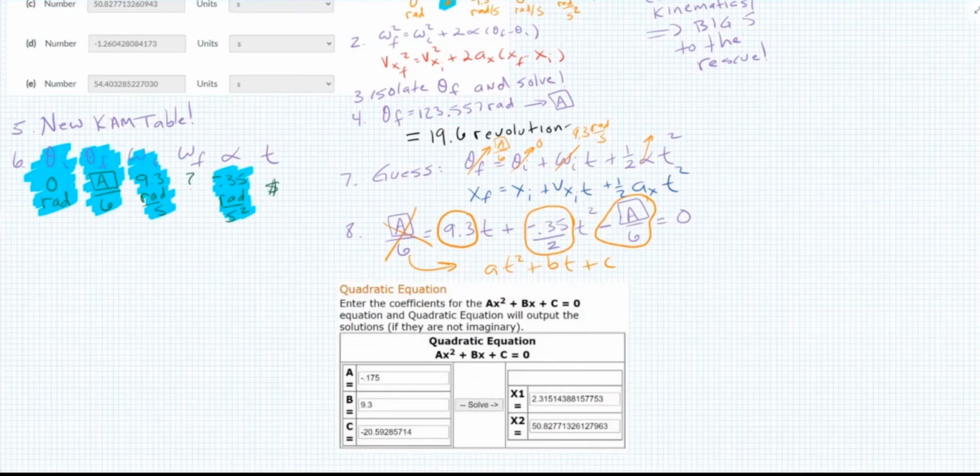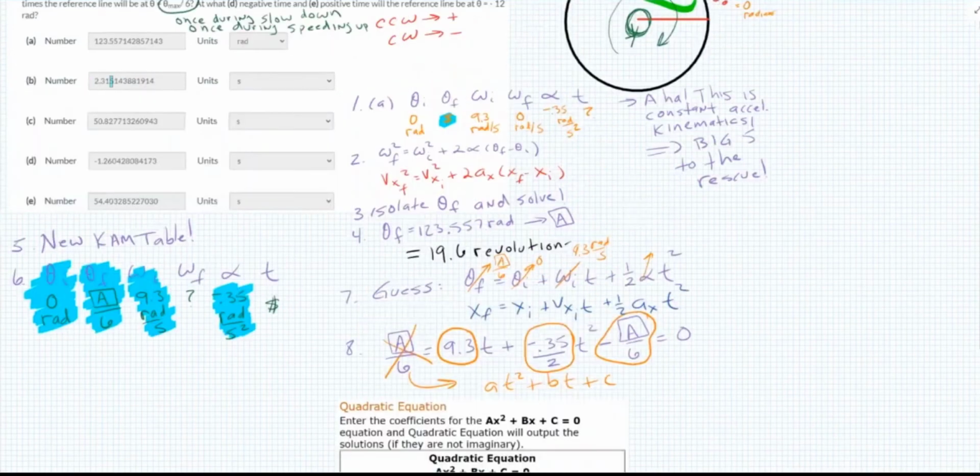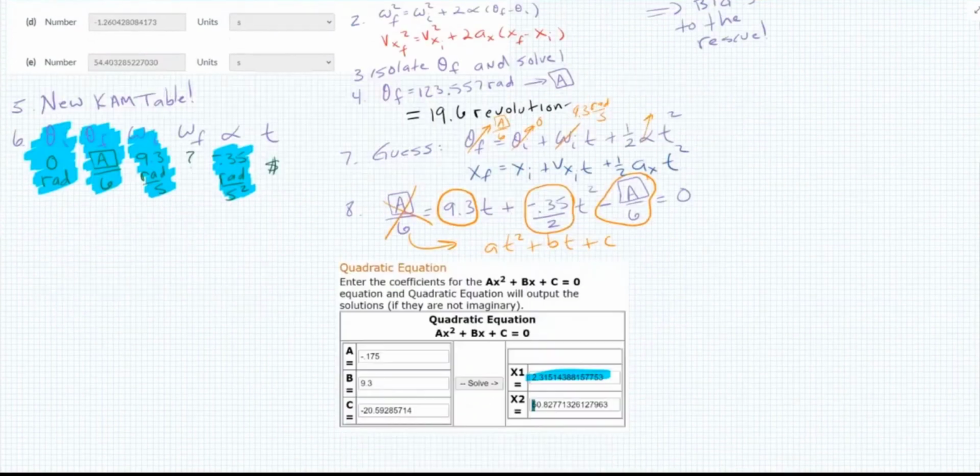So the first time I hit that magical angular position is at 2.3 seconds. It's 2.3 and some change seconds. That should be this answer here. And then I slow down, reverse direction, and I hit that same spot again at 50.8 seconds.